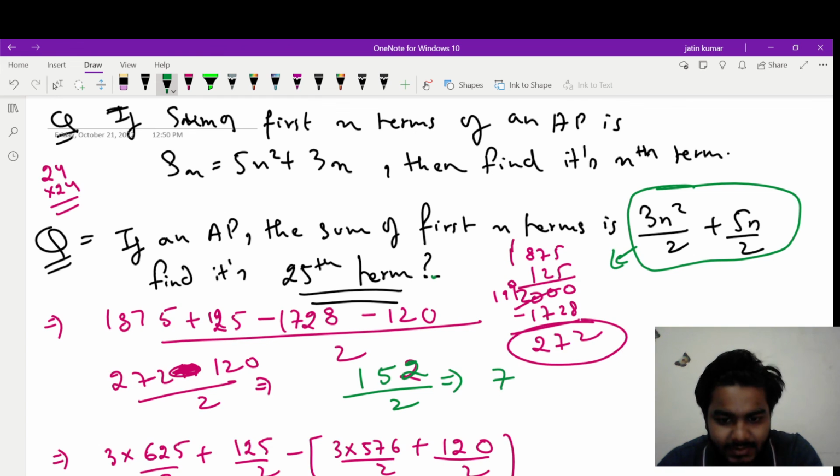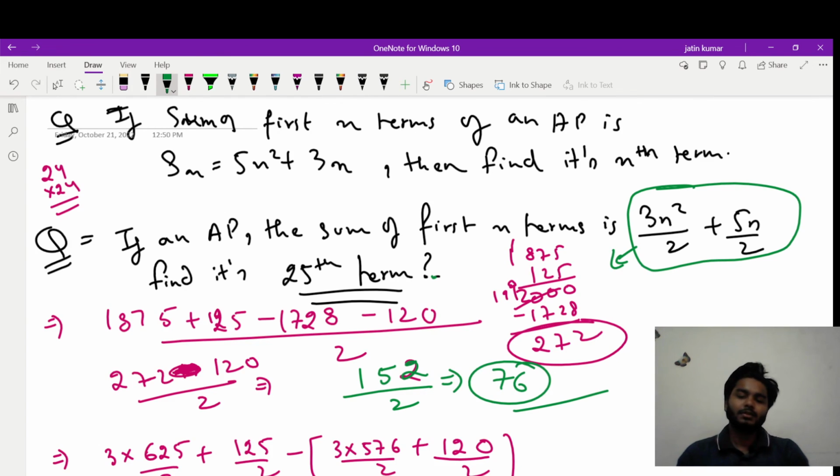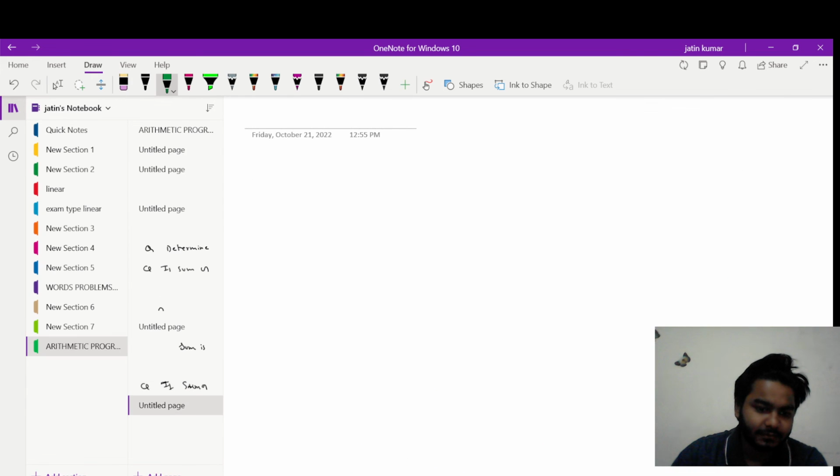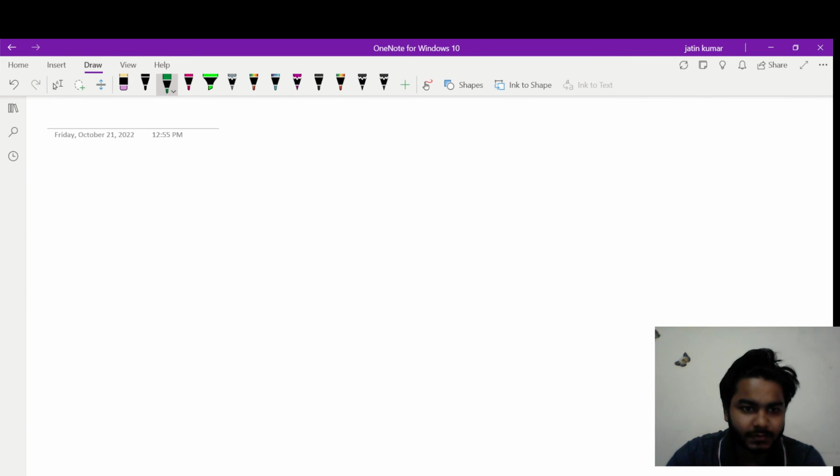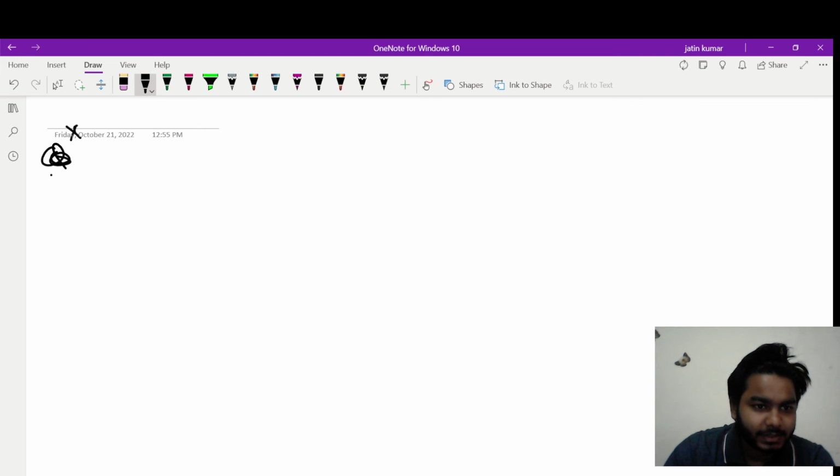Okay, I hope you have got the concept. In case the question provides the formula of sum, then you don't need to apply the standard formula. Now let me write it.